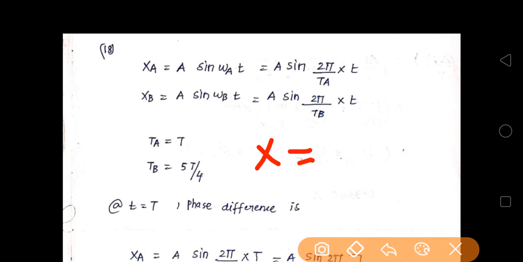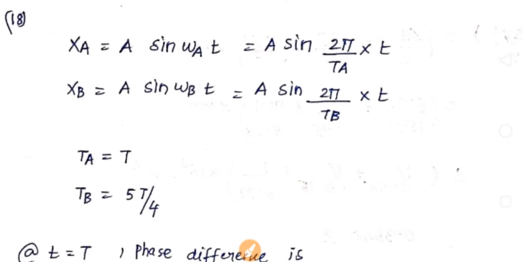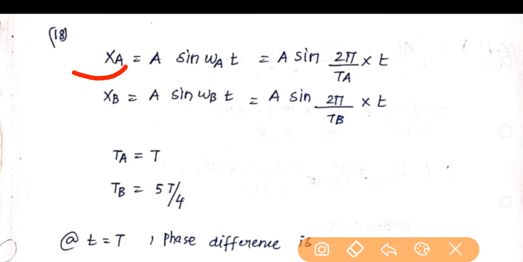See, the general formula is what? x is equal to A sine omega t. This is the general equation we will use everywhere in oscillations. So we are going to use the same equation here also. So xA is equal to A sine omega A t, xB is equal to A sine omega B t.